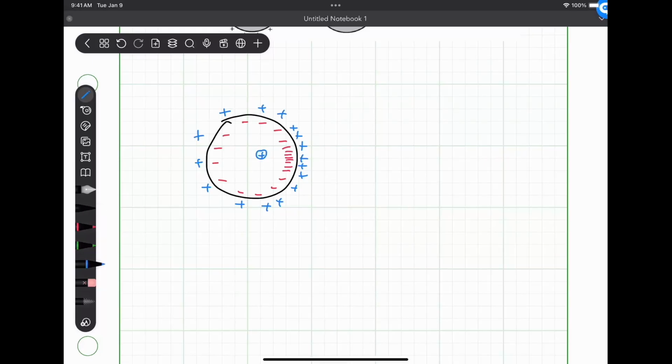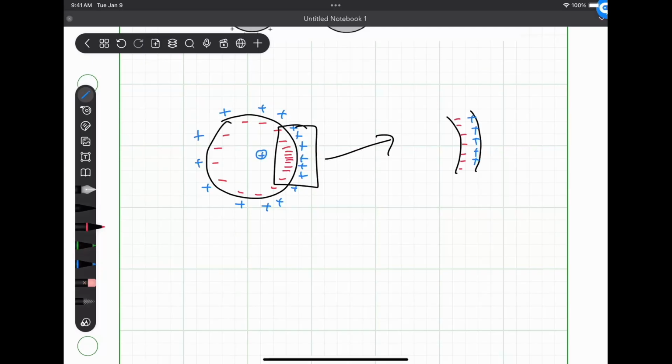Opposite charges attract. But in this case, if we zoom in on this boundary over here on the right, we see that this case probably is not accurate. We have this wall, and then we have positive charge on the outside and negative charge on the inside.